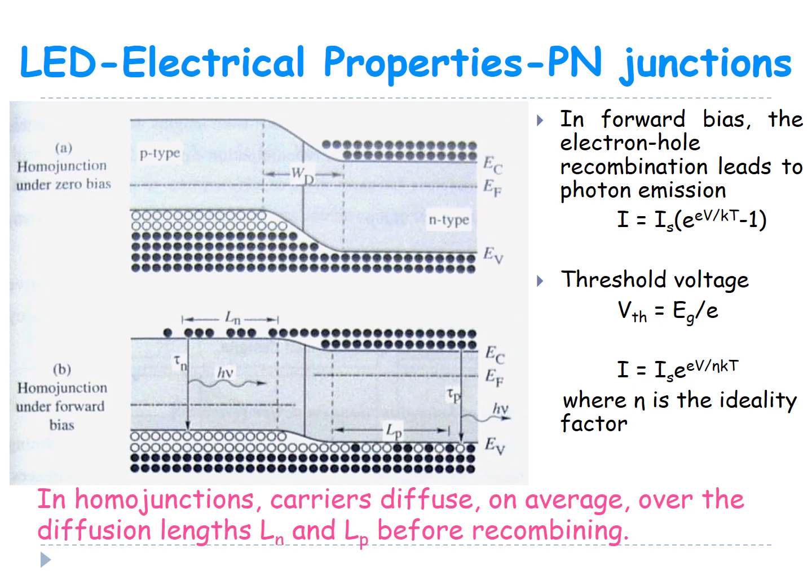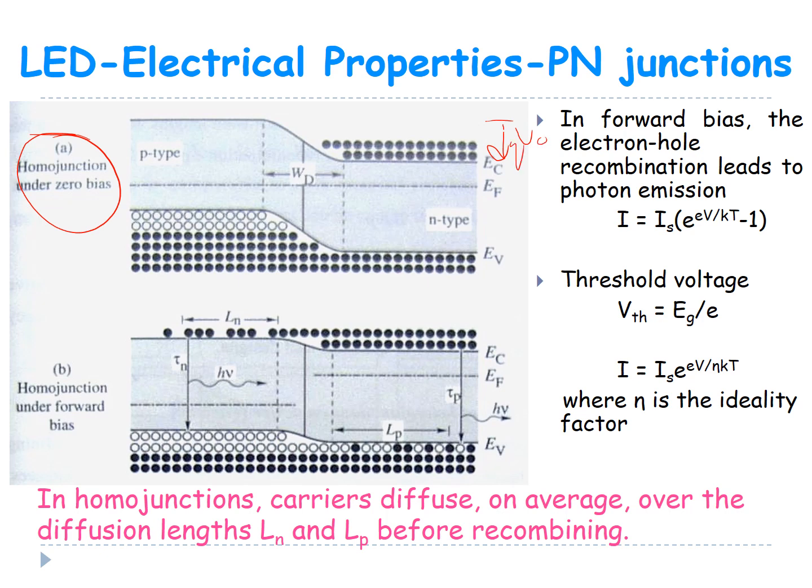Now, in terms of energy bands, we can show an LED as a PN junction, as you can see here. If we have our PN junction under zero bias, that is, in equilibrium, you can see that you've got a barrier here, which is your V0.